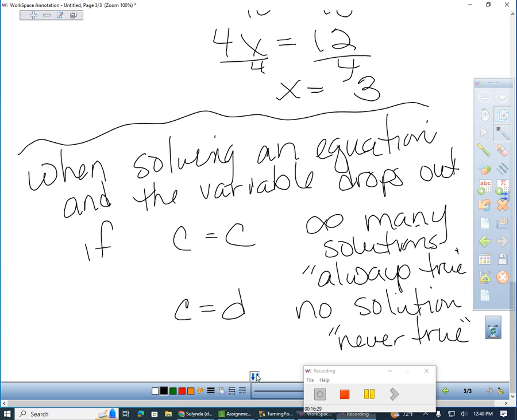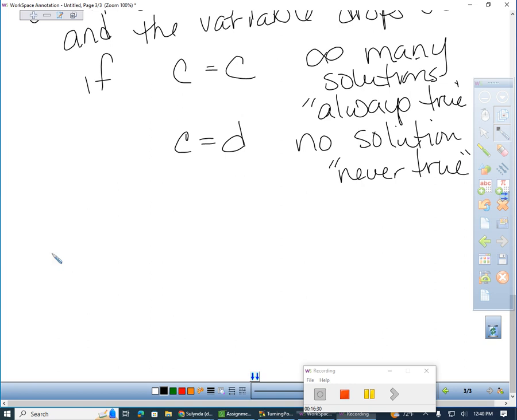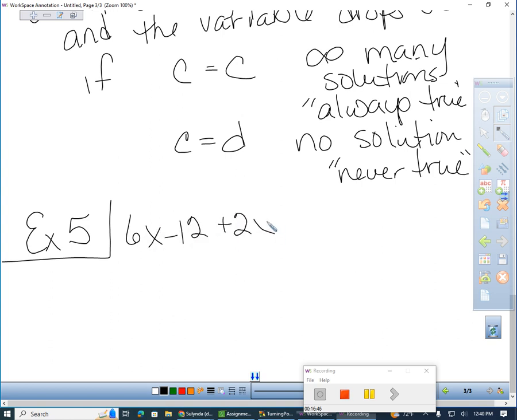So real quick, example number 5, and I'm done. Let's say I have 6x minus 12 plus 2x equals 3 plus 8x minus 15.